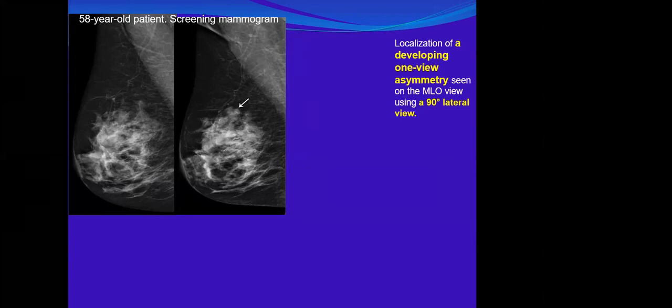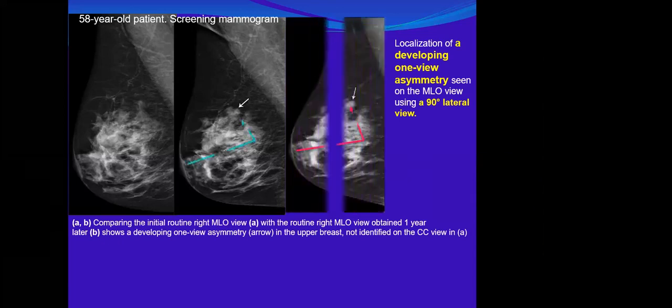Yes, I will do a straight lateral, 90 degrees. Comparing the current with the previous one year, it shows a developing single-view, or one-view, asymmetry. I need to make sure whether it is just an asymmetry or a focal asymmetry. I'll go for the straight lateral, and this is the straight lateral view.